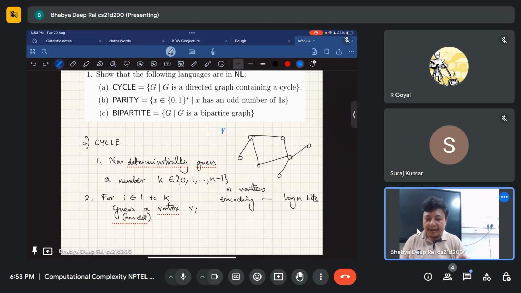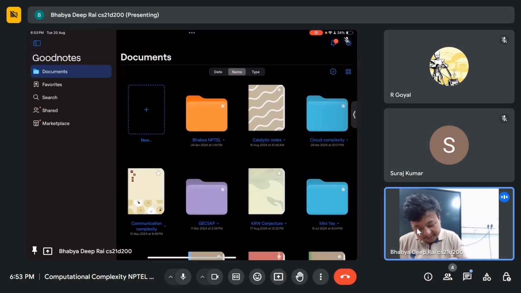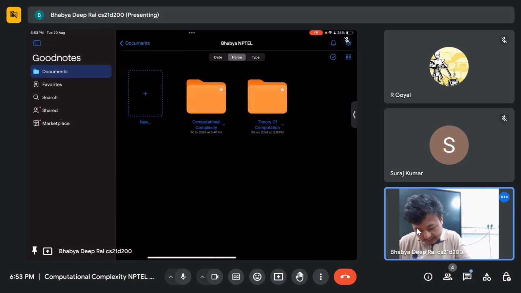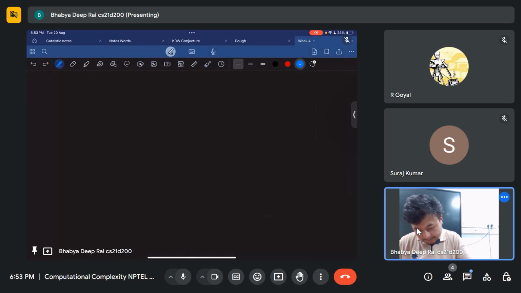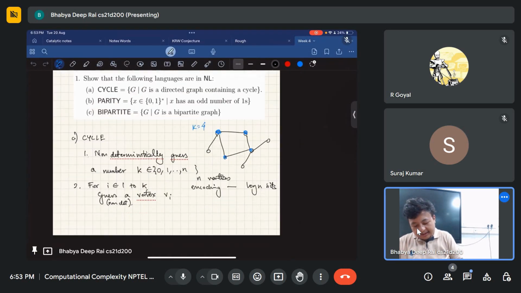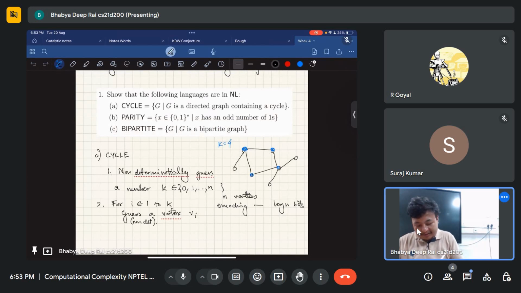So for 1 to k, guess a vertex vi non-deterministically, and check if there is an edge from the previous vertex to the one I just guessed.